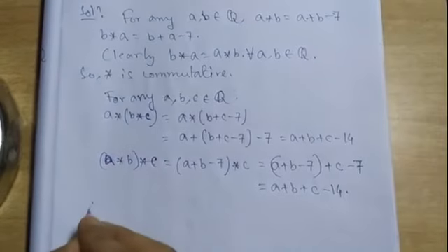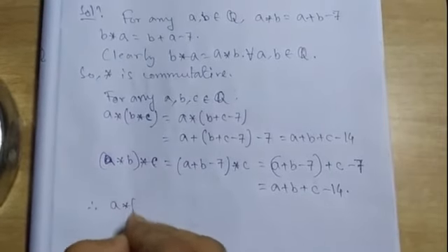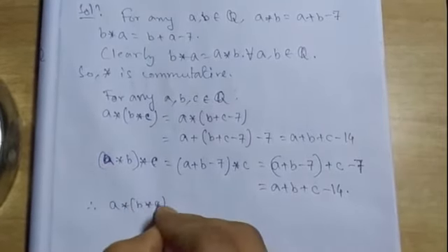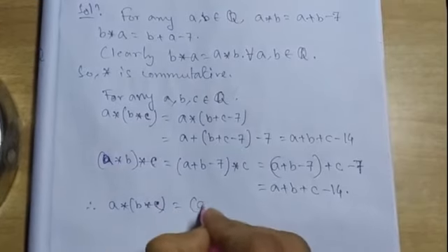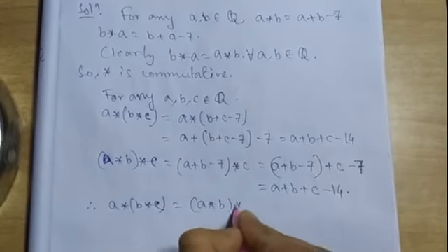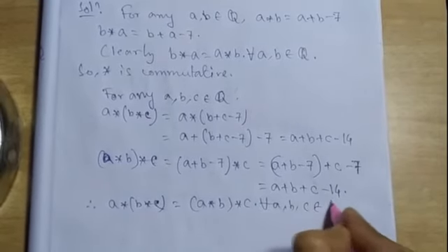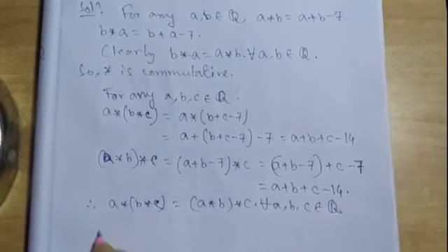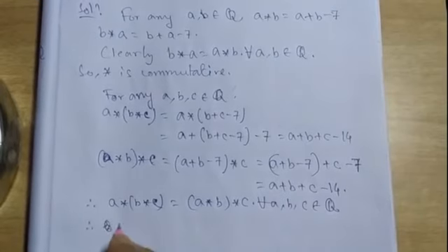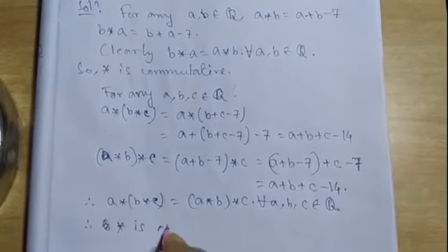So from here we can say that (A star B) star C is equal to A star (B star C), and this holds for all A, B, C in Q. So we can say that star is associative.